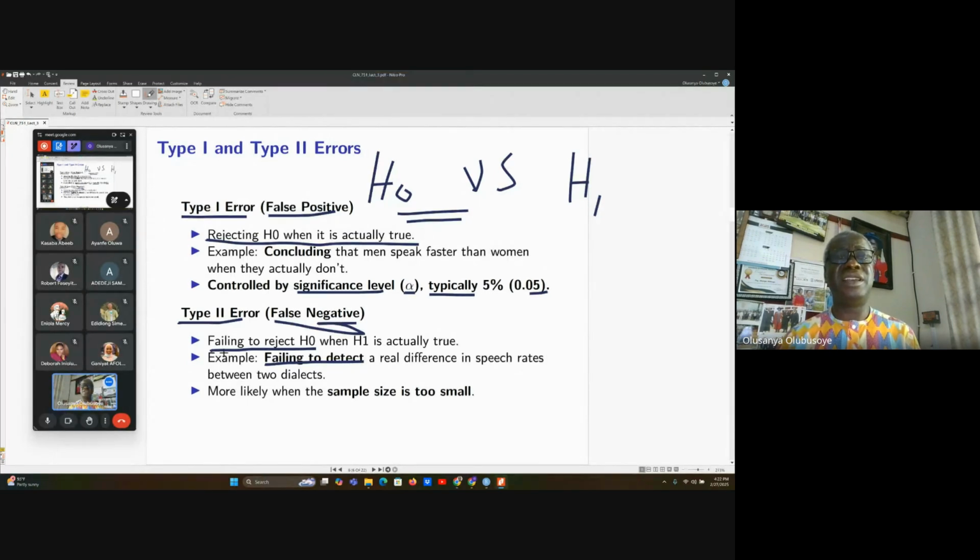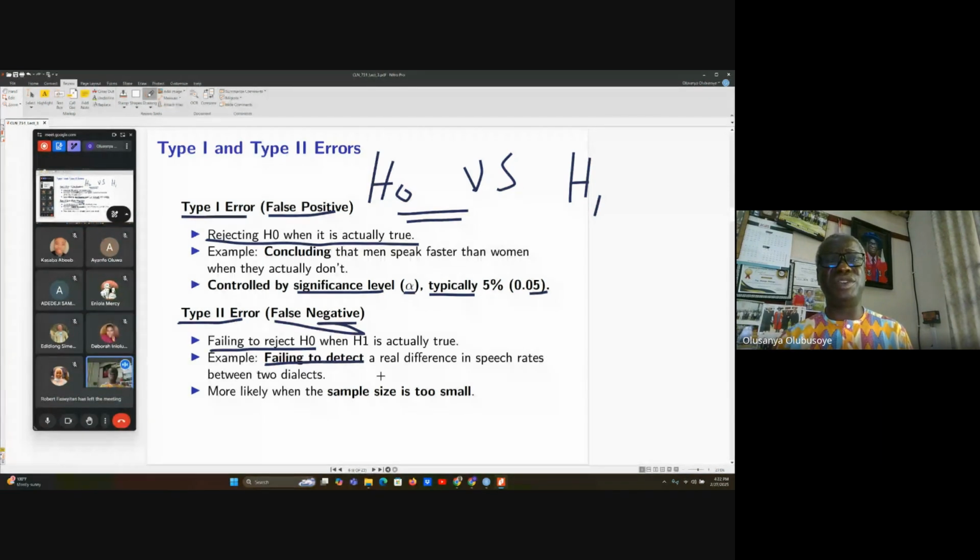This is a situation where you have failed to detect real difference in speech rate between two dialects. So there are many reasons that could be responsible for that.